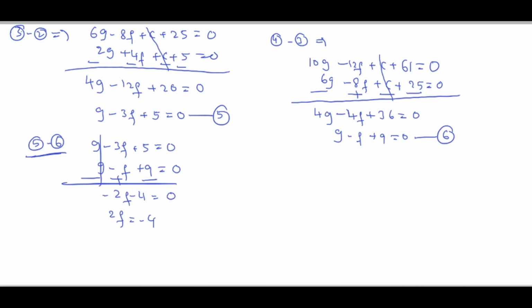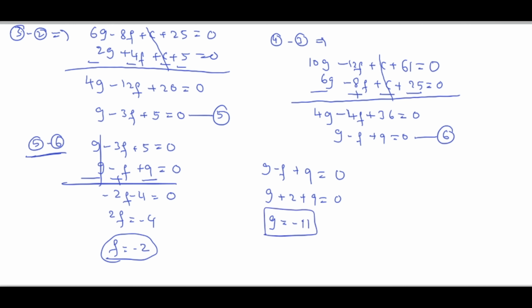Substituting the f value in the sixth equation, g minus f plus 9 is equal to 0. g minus f value is 2, that is g plus 2 plus 9 is equal to 0. So g is equal to minus 11.